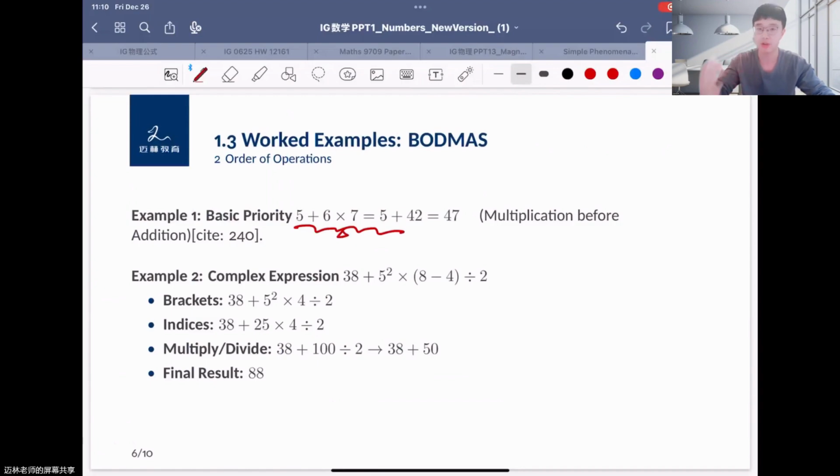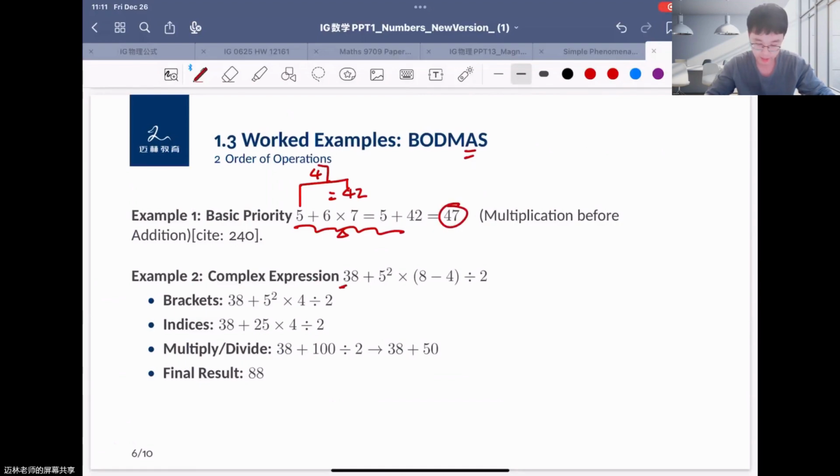So you first calculate 6 times 7, which is 42. And 42 plus 5, the total value, is 47. That is because we calculate multiplication first and then addition.